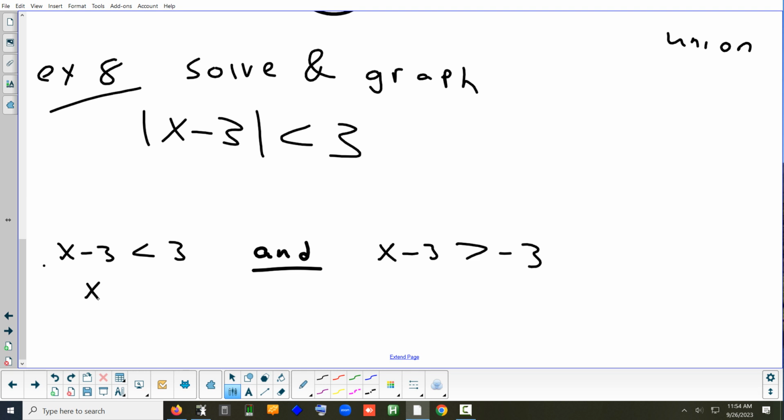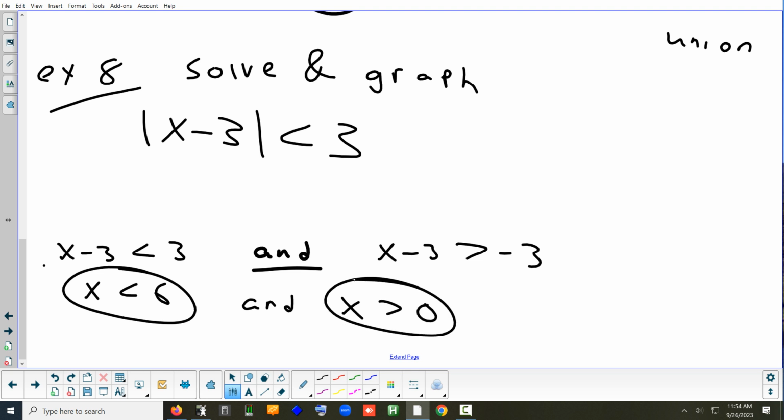So solve this. You get x is less than 6 and x is greater than 0. And that makes sense. You can pick a number that's smaller than 6 and bigger than 0. If you didn't flip the sign, it might not make sense. Even once you do it, you see that they're both going in the same direction.